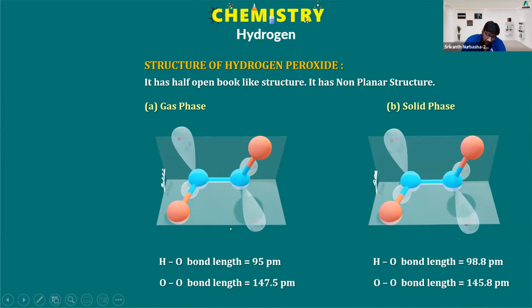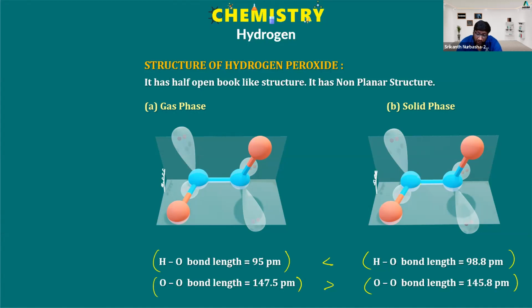OH bond length in the gas phase is 95 picometer, whereas OH bond length in the solid phase is 98. So in the solid phase, you have greater OH bond length when compared to the gas phase, whereas the oxygen-oxygen bond length is greater in the gas phase when compared to the solid phase.